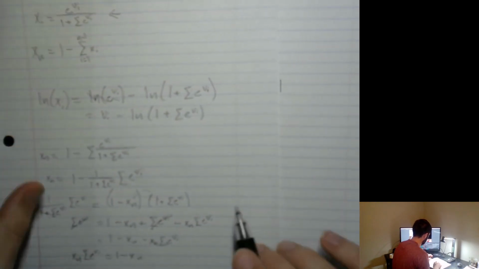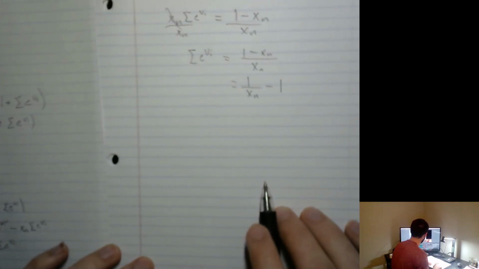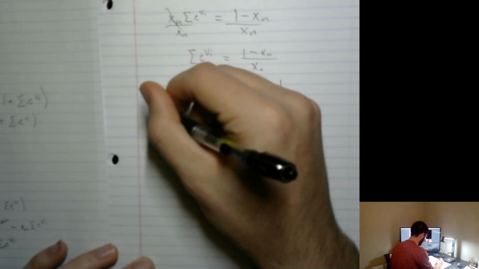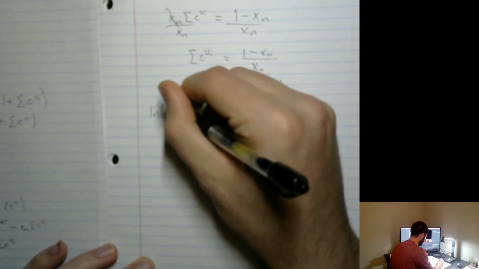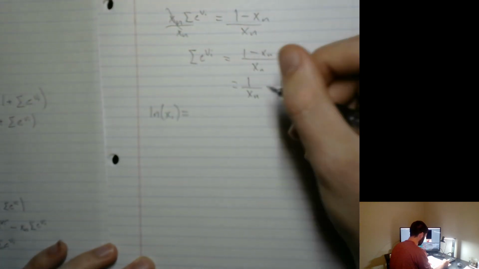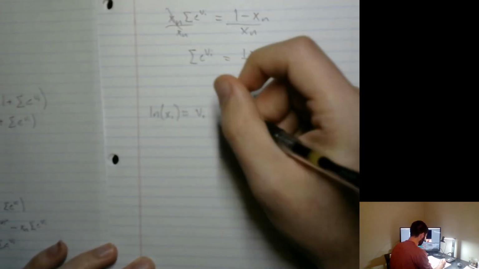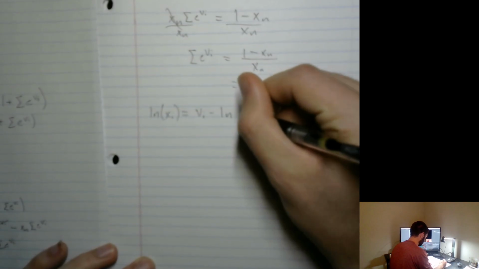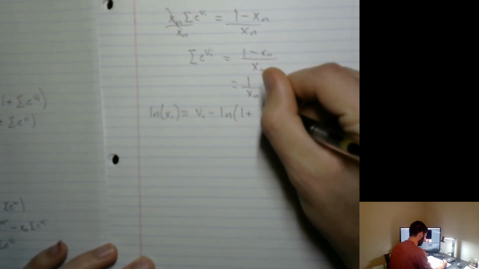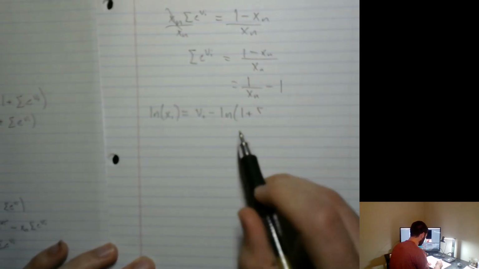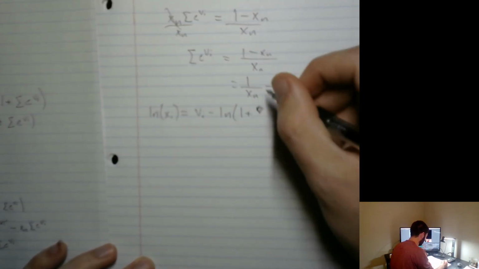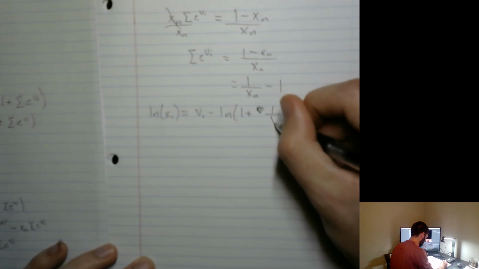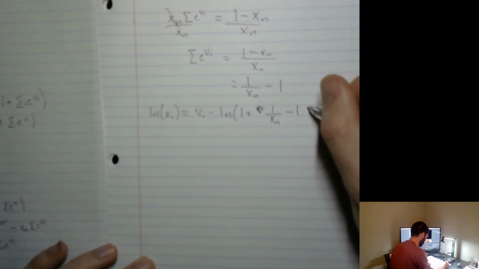I'll rewrite that formula: the natural log of xi equal to vi minus the natural log of 1 plus the summation of e to the vi, which is this term I have here, 1 over xn minus 1.